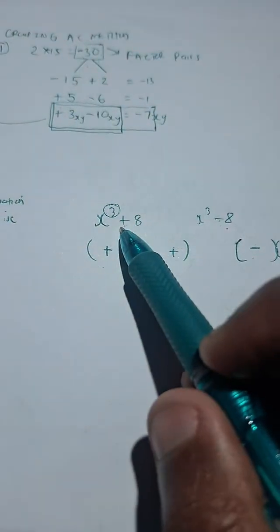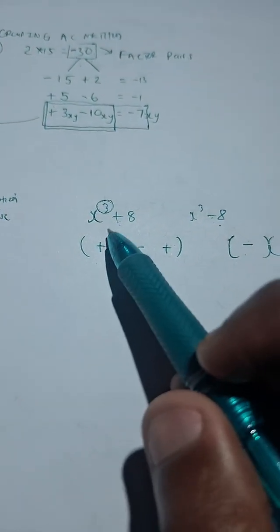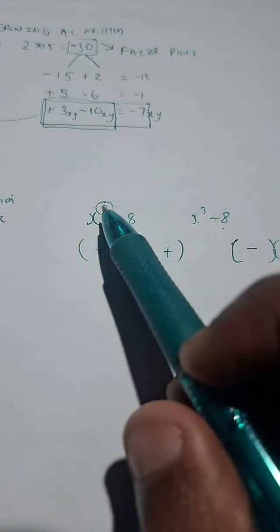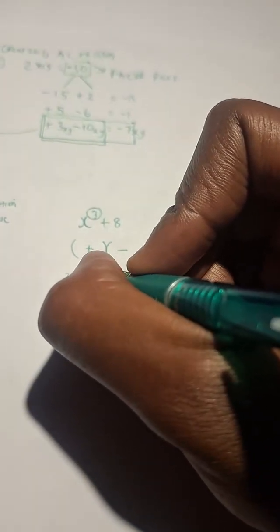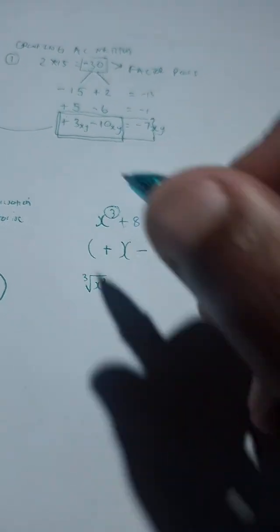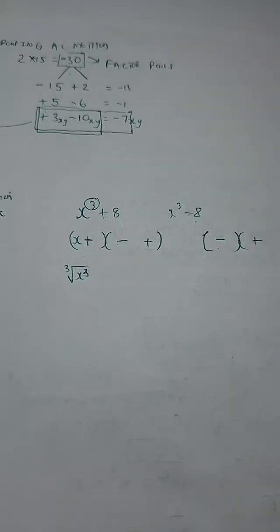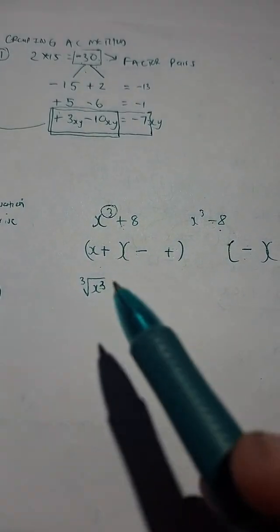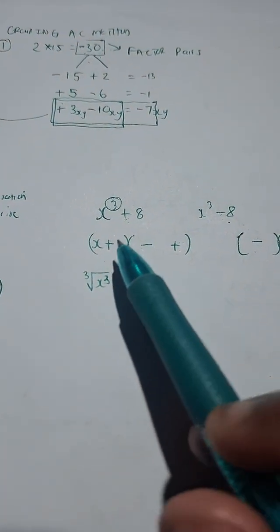Now, how do you get the actual terms inside the bracket? Listen to me well. You first take the cube root of the first term. What is the cube root of the first term? It is x. Very good.